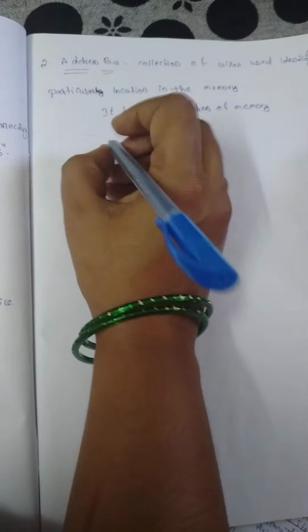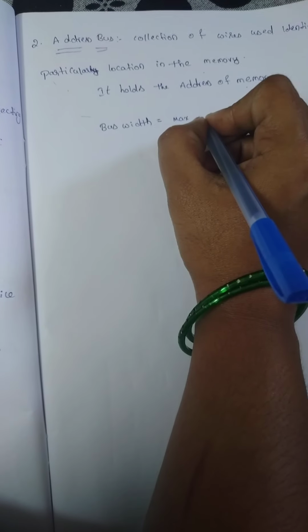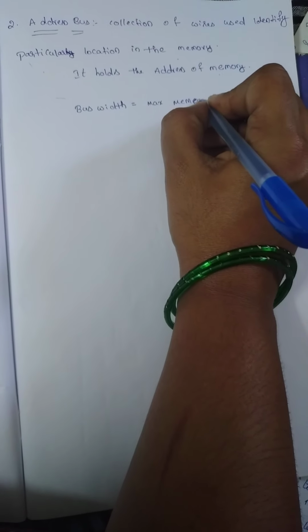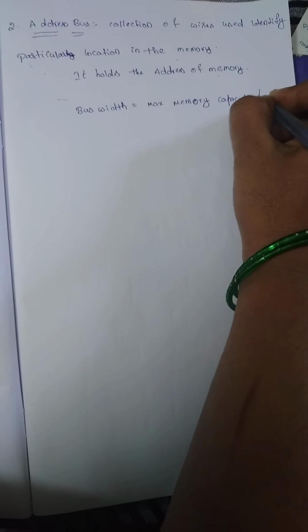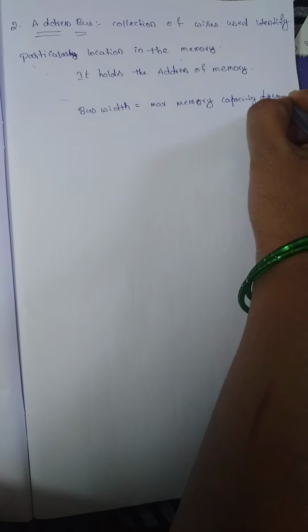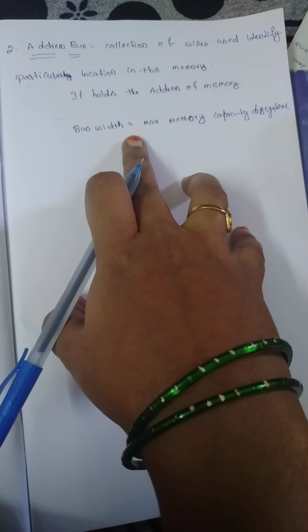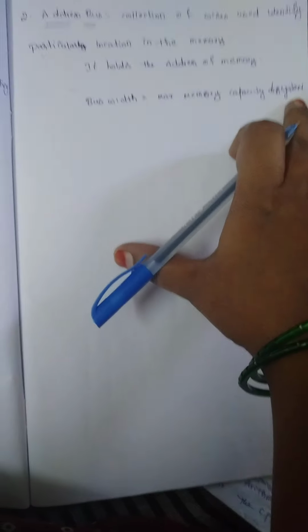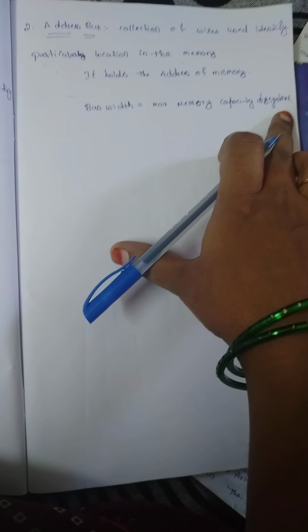For the address bus, the bus width is the maximum memory capacity of the system. In the case of the data bus, the bus width is the number of bits transferred in that bus.